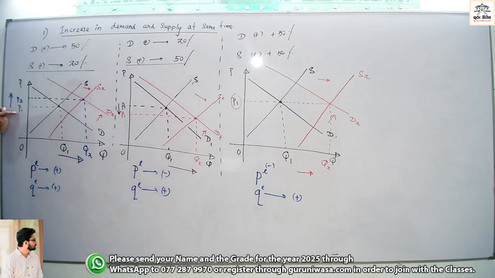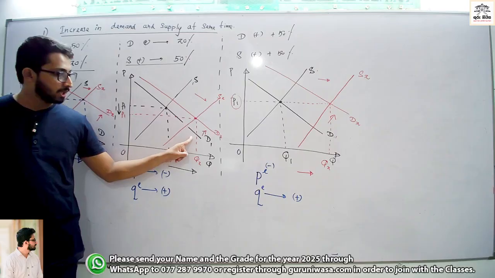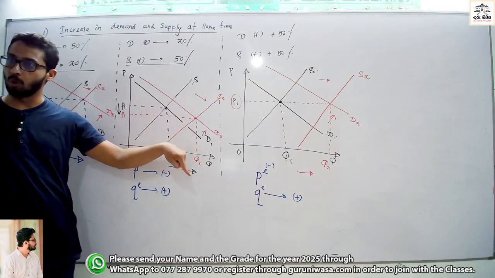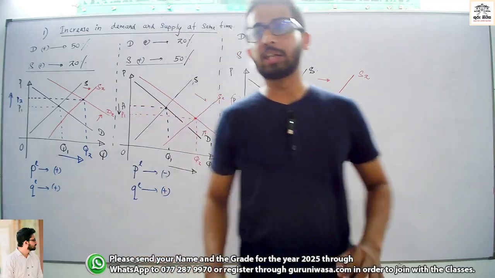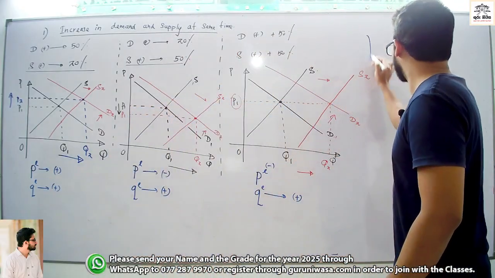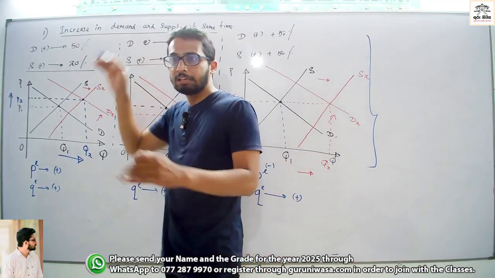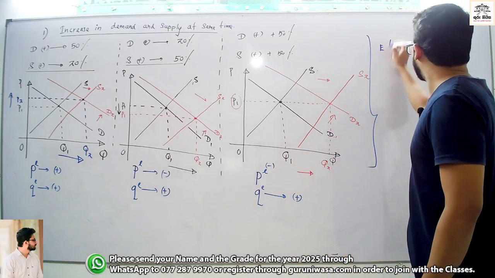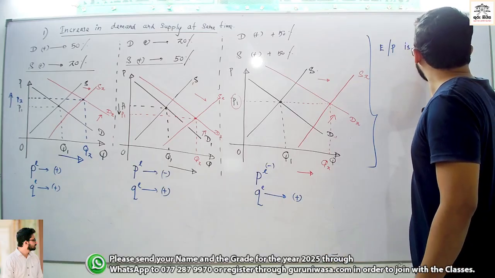Here equilibrium price increases as the demand curve shifts more than the supply curve. Here equilibrium price falls because the supply curve shifts more. Did you get the point? So here we can make a general conclusion. If demand and supply increase at the same time, equilibrium price is indeterminate.